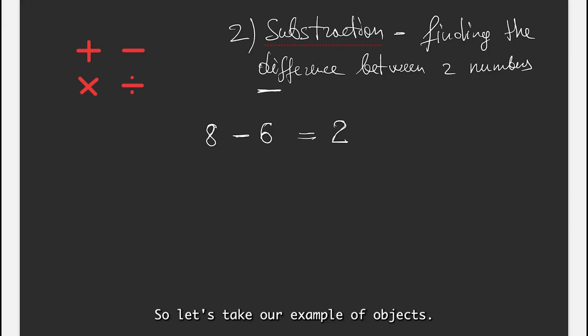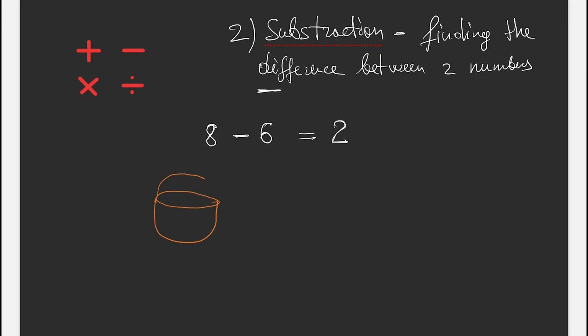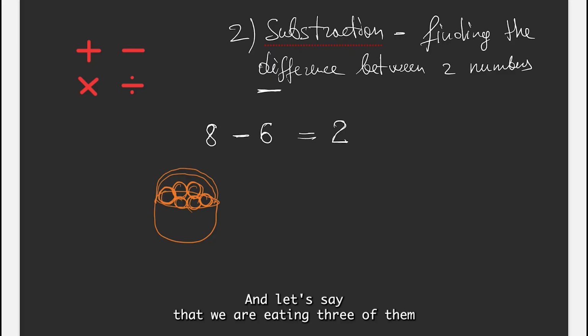So let's take our example with objects. Let's say that we have a basket with 6 oranges. And let's say that we are eating 3 of them, right?